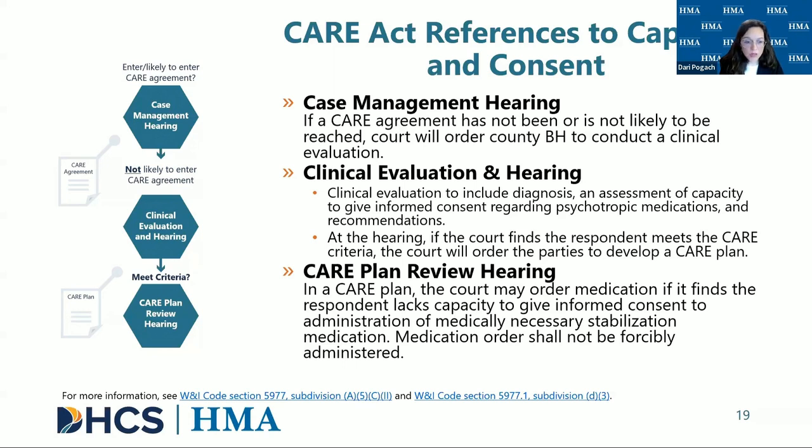It's important to note that the Welfare and Institutions Code doesn't specifically mention capacity to provide informed consent at this hearing, but it's possible that during the case management hearing, it will be evident that the respondent's mental state prevents them from reaching a voluntary agreement, or the court will determine that the respondent lacks capacity to agree to any plan or treatment. So if the care agreement is not likely to be reached for whatever reason, the court will order the county behavioral health agency to conduct a clinical evaluation.